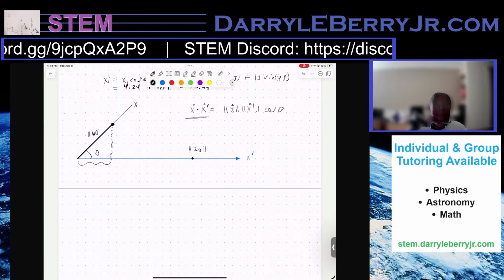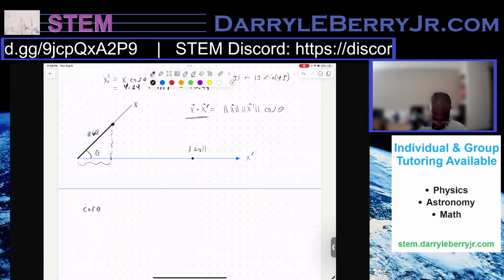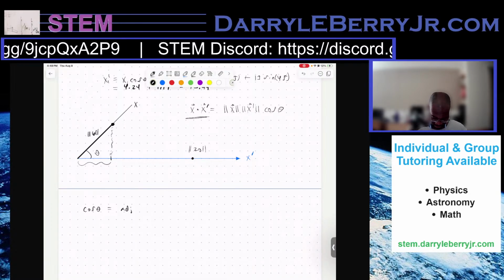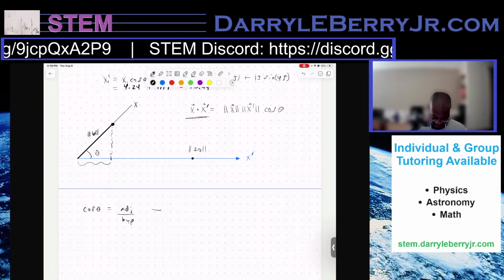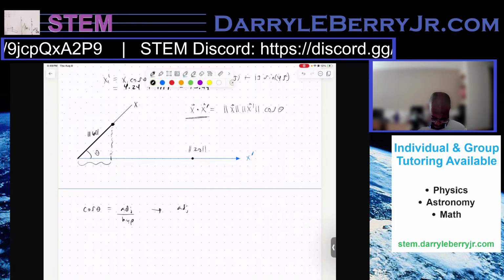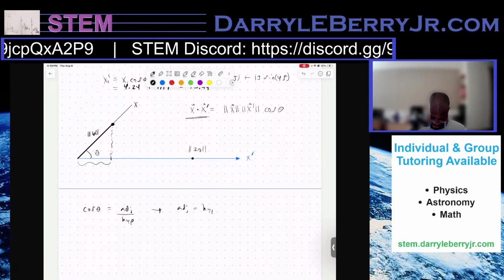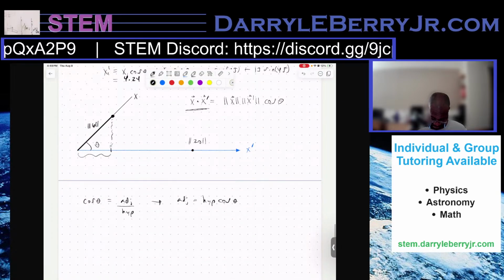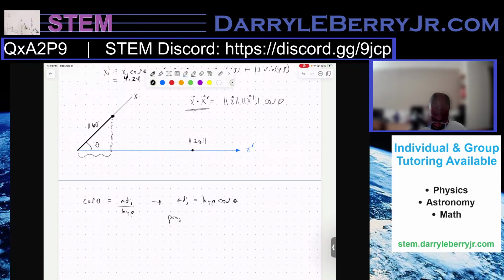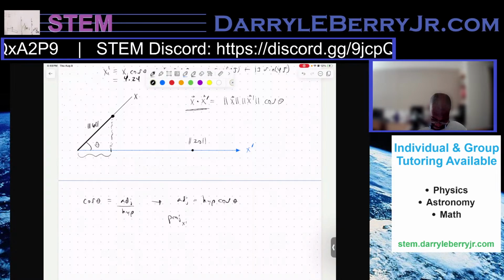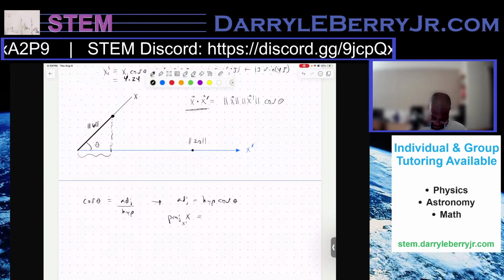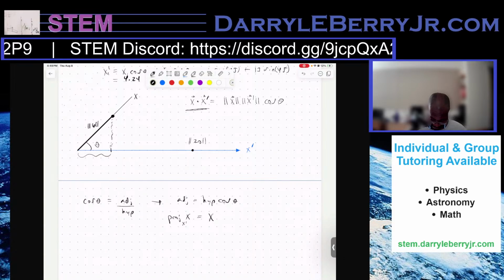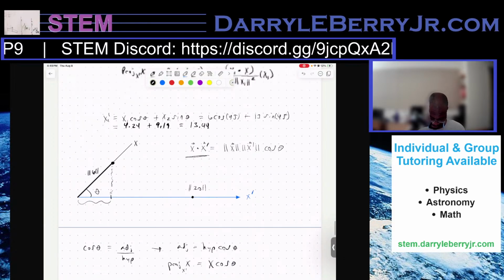And we know that cosine of theta equals adjacent over hypotenuse. Thus, adjacent equals hypotenuse times cosine of theta, which means that the projection onto x prime of x equals x cosine theta. So that must be how they got that.